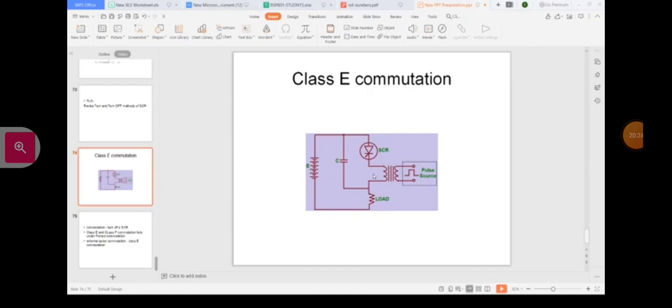The voltage at the secondary of the pulse transformer appears across this SCR and acts as a reverse voltage, and because of this voltage, this SCR will get turned off.